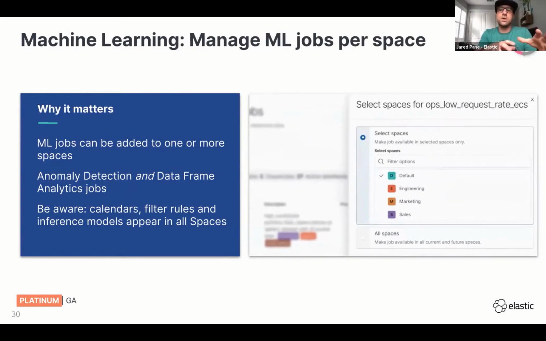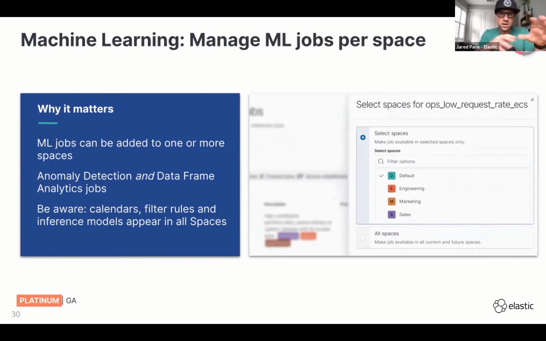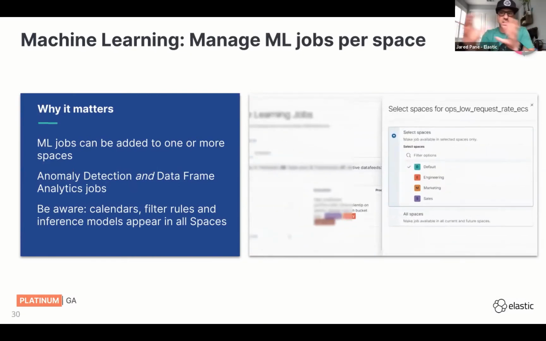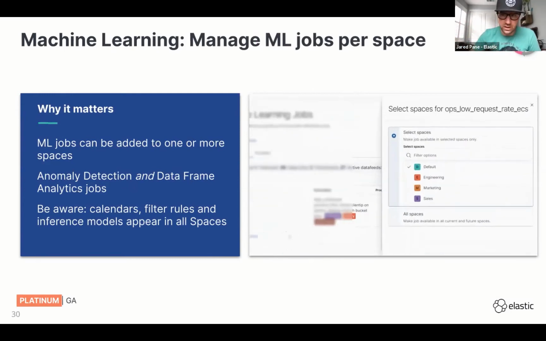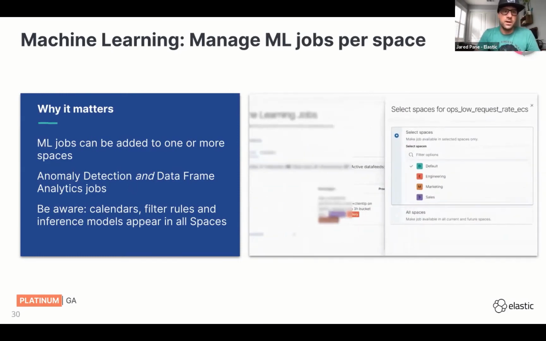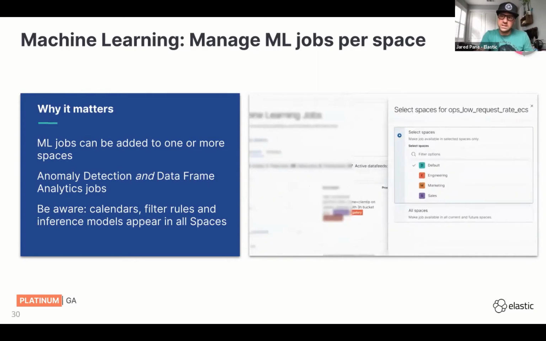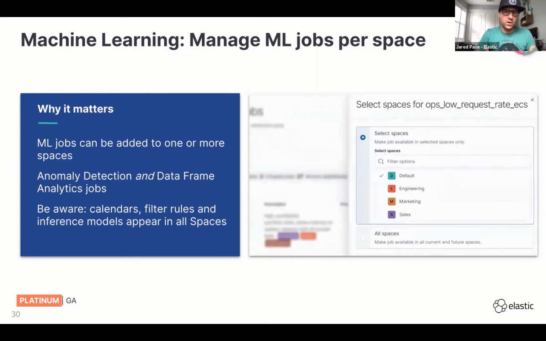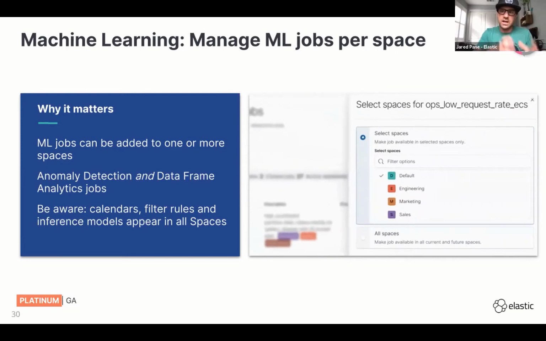The one thing I do want to point out is that if you've never used our machine learning, with a lot of other companies, you have to duplicate that data into another space. You have to move it to the cloud to use their machine learning algorithm or their machine learning jobs or detections. Here at Elastic, we keep all of those indices and those machine learning jobs in your Elastic cluster.